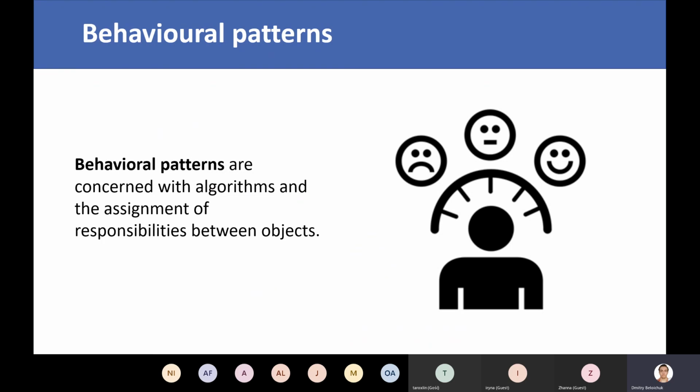But how do we actually solve problems inside our files? How do we actually use the instances created in the creational step and do some nice, robust business logic with them? So behavioral patterns are concerned with algorithms and the assignment of responsibilities between objects.